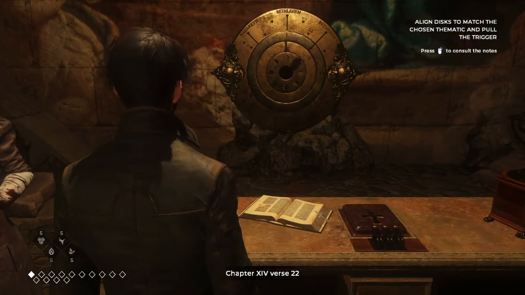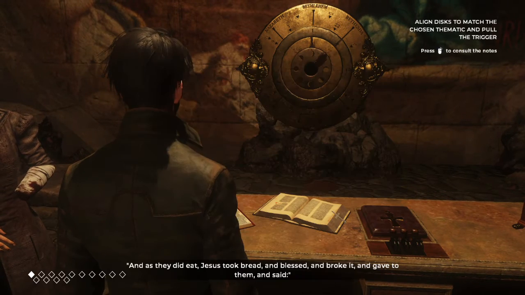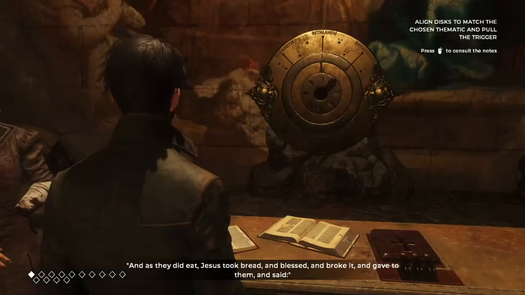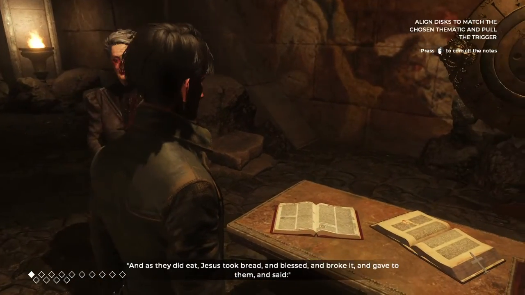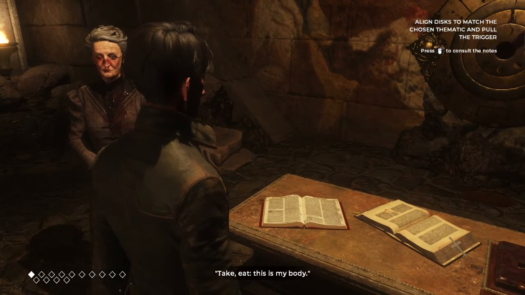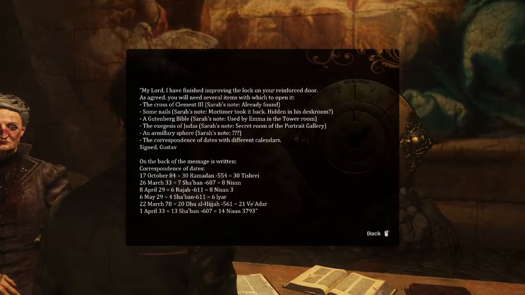And as they did eat, Jesus took bread and blessed and broke it and gave to them and said, Take, eat. This is my body. And he took the cup, and when he'd given thanks, he gave it to them, and they all drank of it.